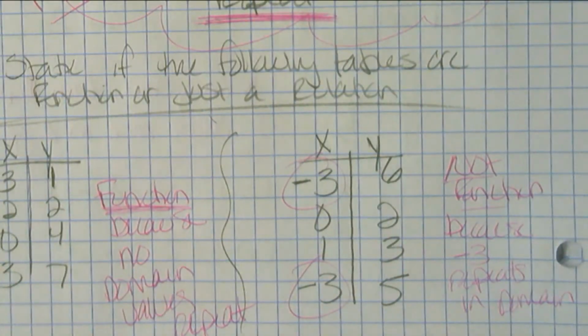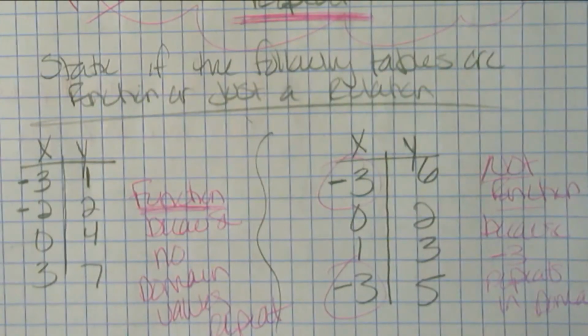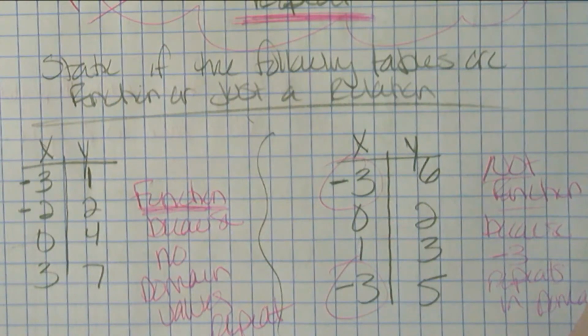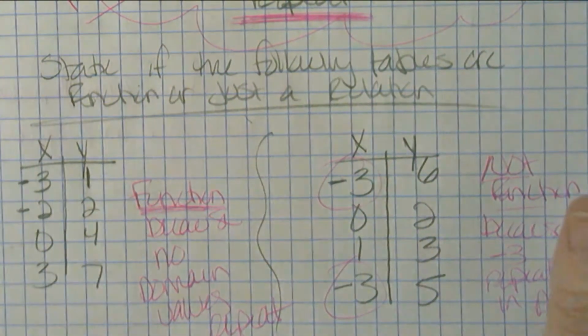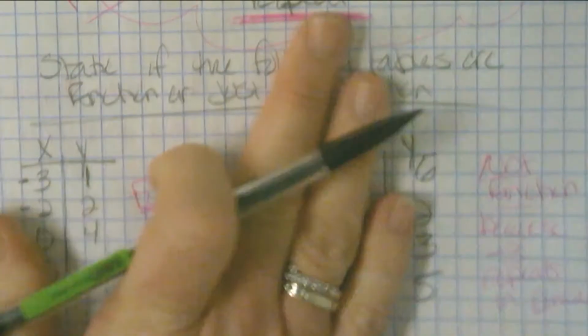So one way that we can determine if it's a function or not is by looking at a table. And we can very clearly see that an x value is repeating. How many of you guys are cool with that? Okay. When we talk about functions, there are 3 different ways we can see a function, okay? And we're sticking with the same thing of function or not a function. Here we looked at tables.